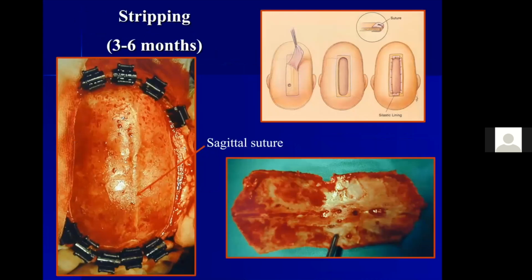This is the simplest surgical treatment of scaphocephaly: the stripping of the sagittal suture, in which you remove just the synostotic suture, giving the brain the opportunity to grow, pushing laterally during its growth, and so conditioning the shape of the head itself.